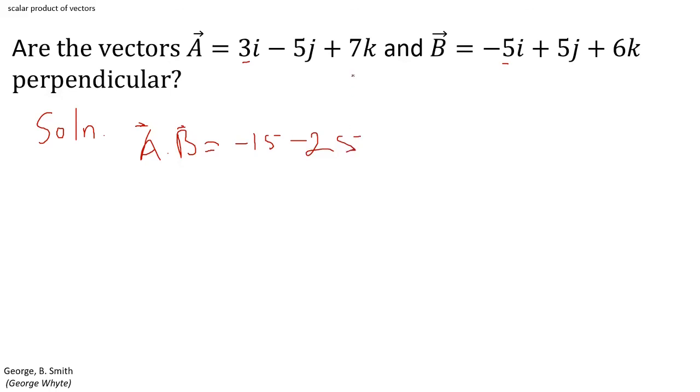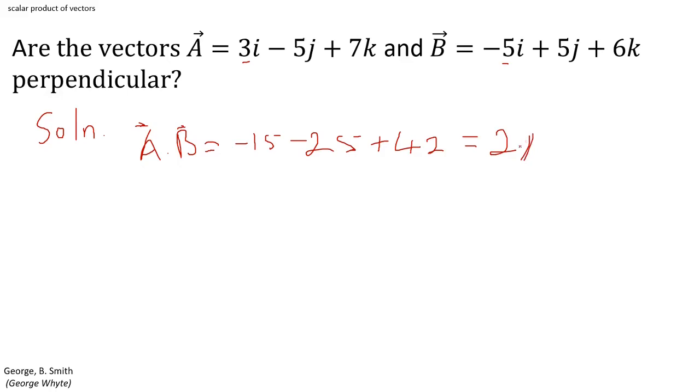Then here we have 7 times 6, sorry guys, that should be 42. So this is going to give us minus 40, and this is plus 42. So our final result is going to be 2.